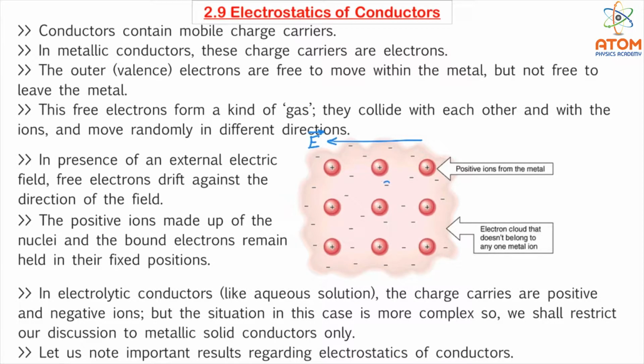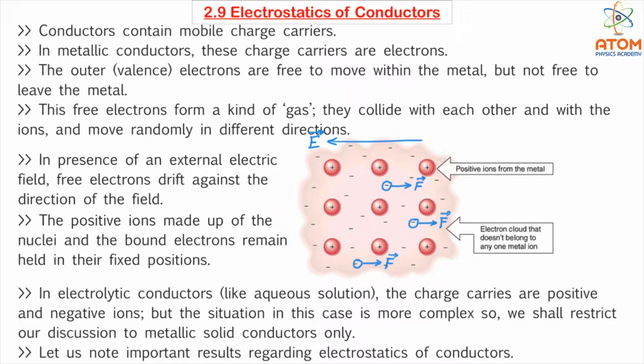So all of these electrons, which are negatively charged, will feel a force in the direction opposite to the electric field. Obviously they are negative, so the force will be opposite to the electric field.